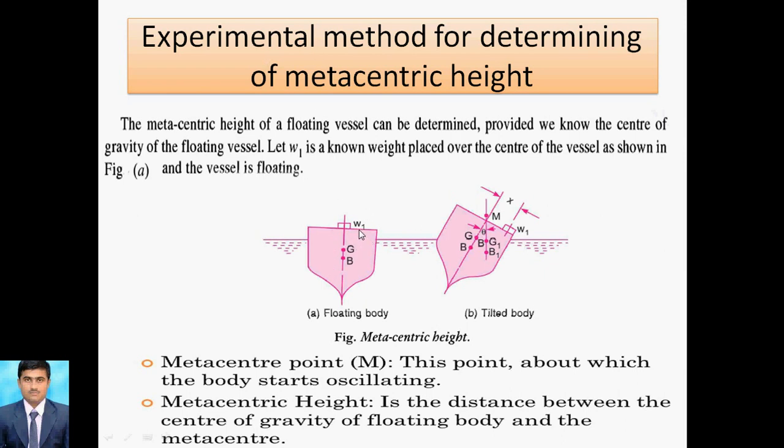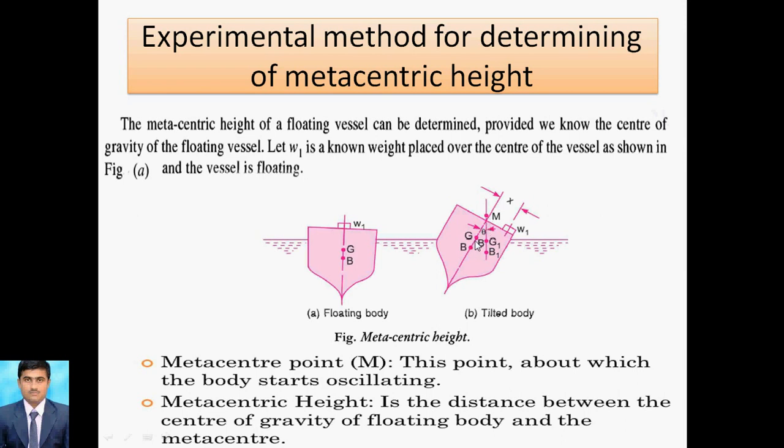When the body starts oscillating, W1 will be shifted to the end point, at a distance x away. So as it starts oscillating, the M will be created, and that M is nothing but the metacenter.